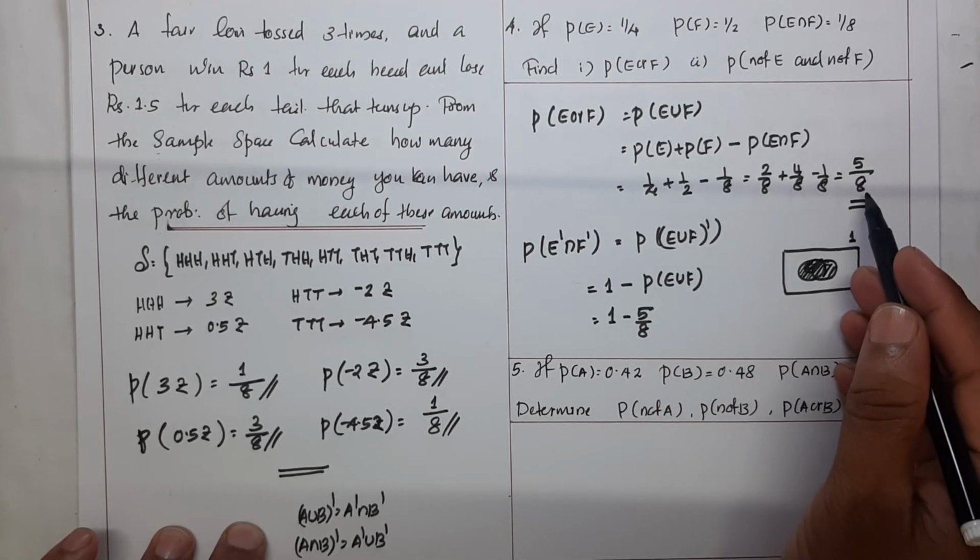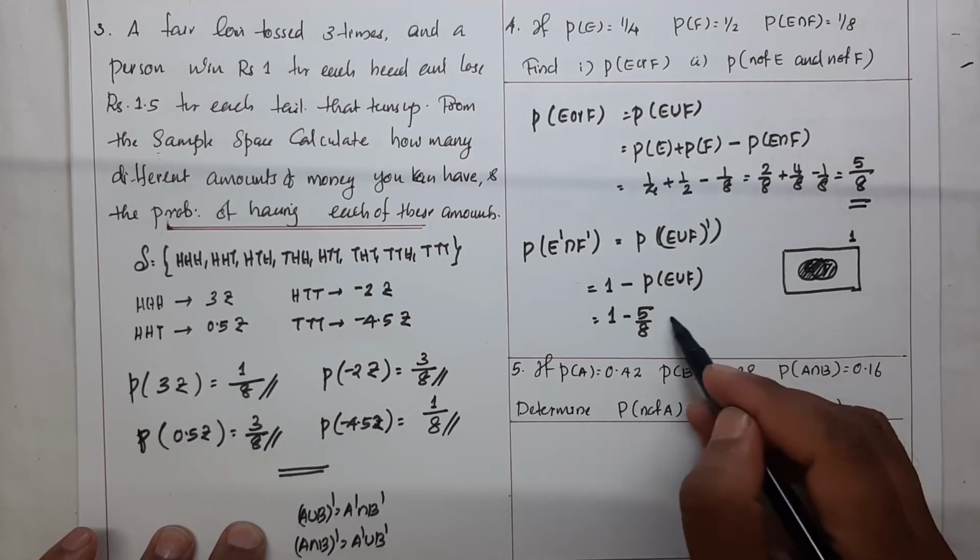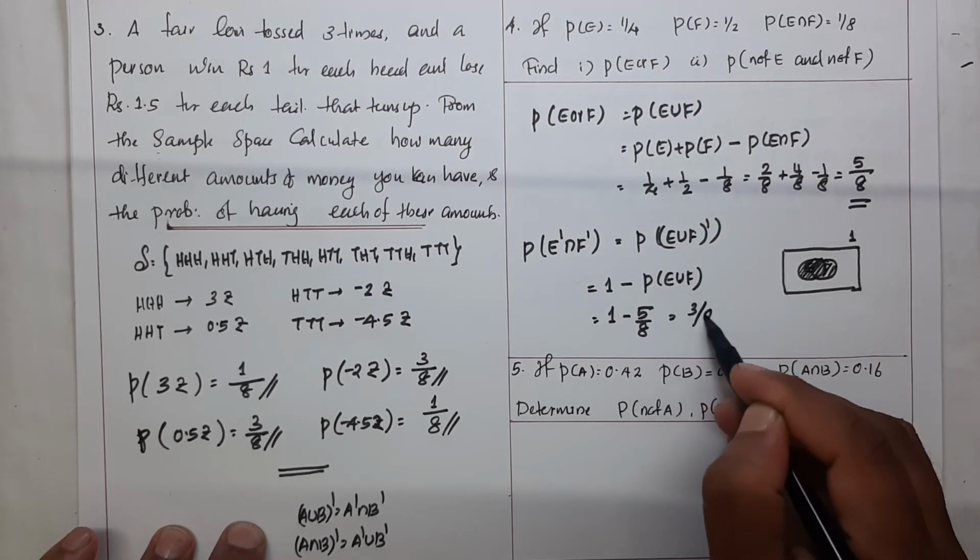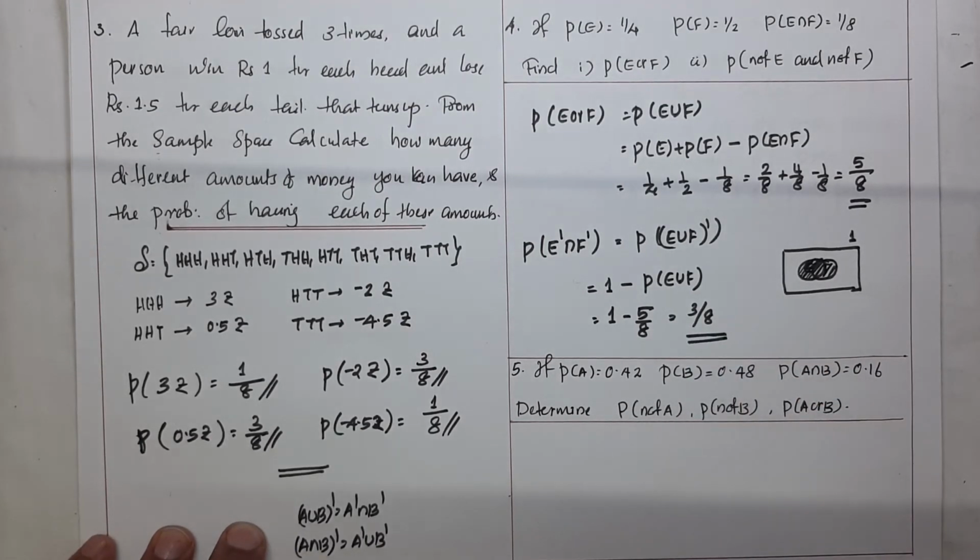You already know P of E union F is 5 by 8, so it is equal to 3 divided by 8, which is the required probability. P of not E and not F is 3 divided by 8.